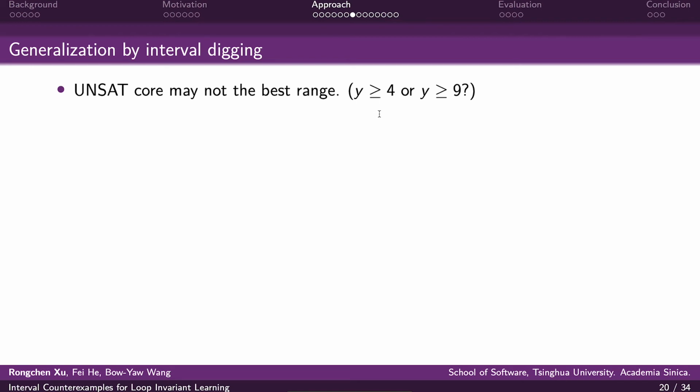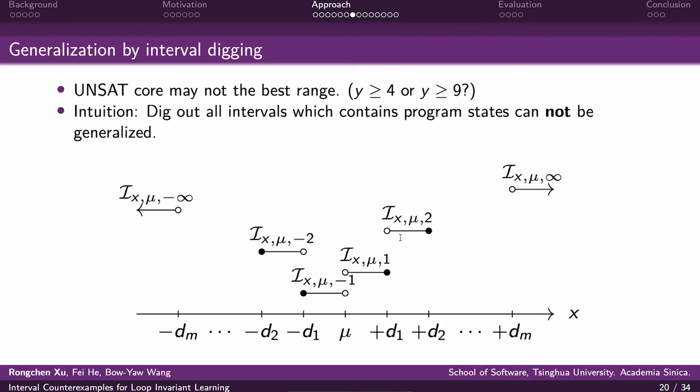However, which constraint is returned as a result is often related to the decision strategy of the constraint solver, and we can hardly promise. Therefore, we hope to rearrange the optional constraints of the unsat core call. We divide the variable ranges into corresponding intervals. We hope we can find all the intervals with existing program states which cannot be generalized and dig them out.